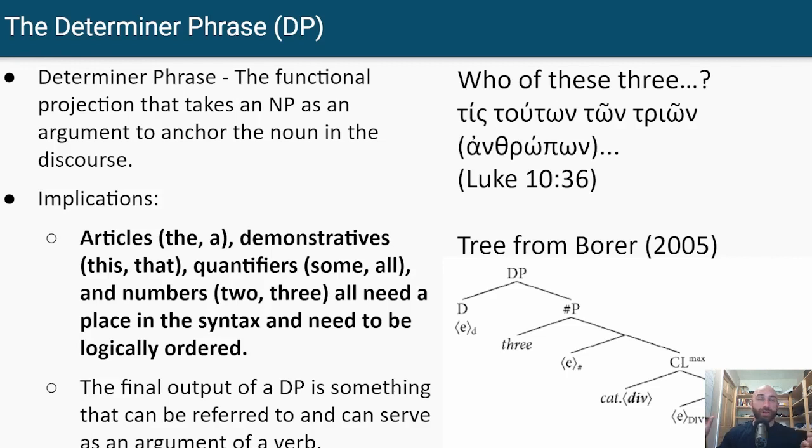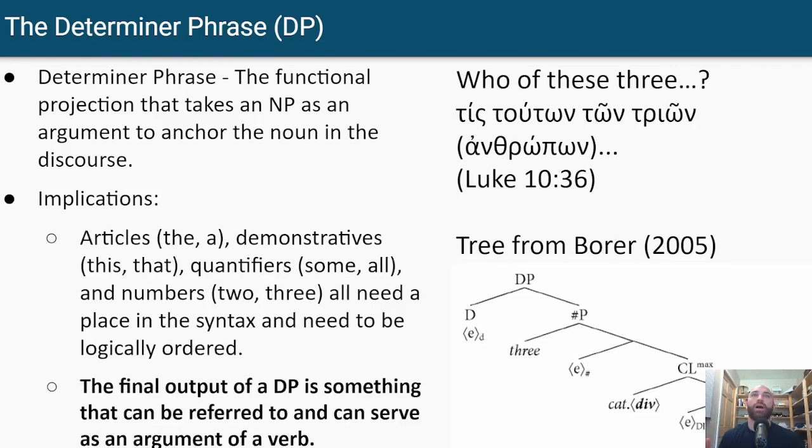For each language, we need to figure out how these things are ordered logically. And then we have to give a meaning to each of these elements. A crucial thing about determiner phrases is they can serve as arguments of verbs. So this is a kind of hallmark of a DP, a determiner phrase. For example, Ezra gave his stuffed animal to a child.